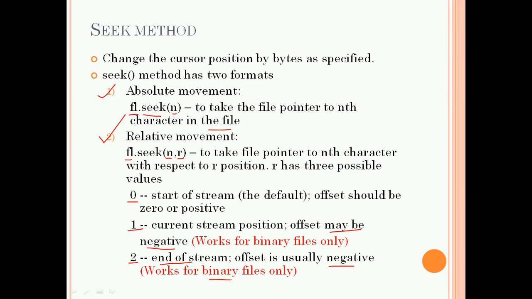So if the last byte of the file is the 50th byte and the value of n is -5, that means the file pointer will point to the 45th byte, because as the last byte of the file is the 50th byte, we have to add -5 with 50. So -5 plus 50 equals 45. So finally the file pointer will point to the 45th byte.